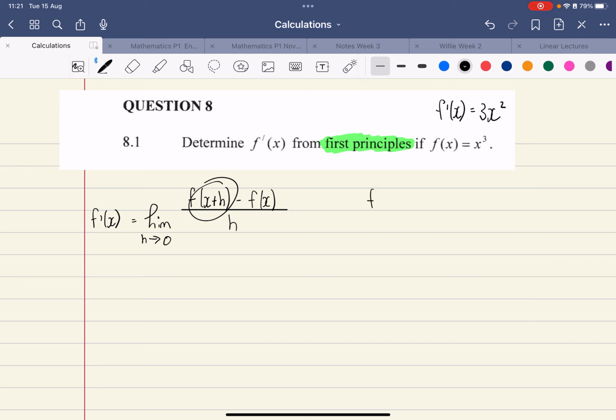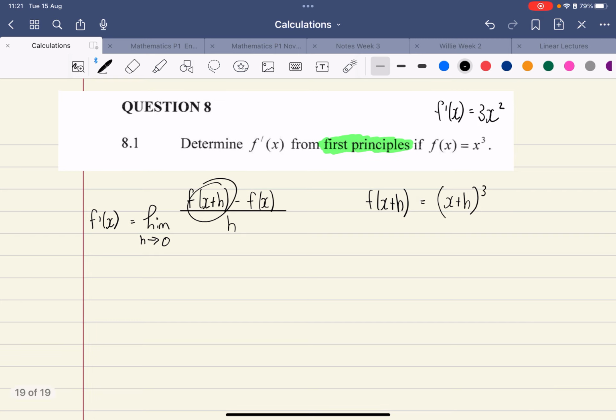So f of x plus h will be equal to x plus h cubed. That's all we're doing. So then let's times that out, shall we? That'll be x plus h, x plus h, x plus h.